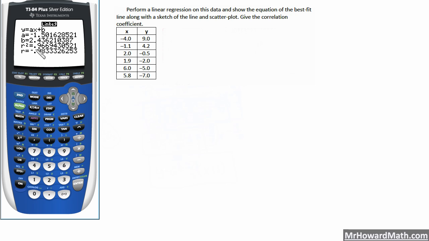So run that again. Since I stored the equation in y equals, it's already there for me in Y1. When I graph a standard window, you can see we have a negative slope and a positive y-intercept. The equation is already in my Y1 right here.